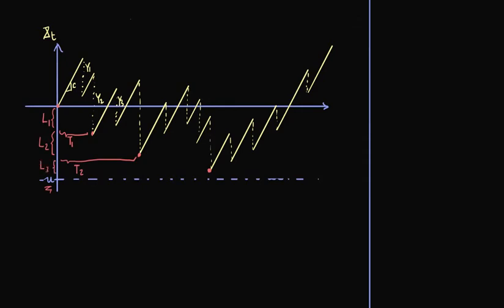If we keep counting these ladder times and adding up the ladder heights, then we have actually written up ruin in a way that is more complicated than before, but maybe easier to calculate.